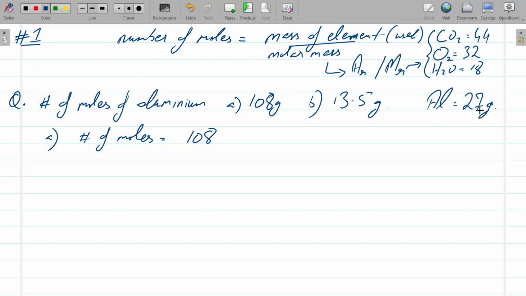So that is the molar mass of aluminum, just like we've done so far, that carbon is 12. You following? So aluminum is 27 grams.